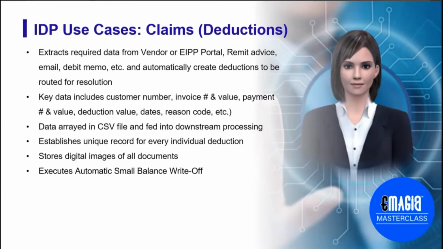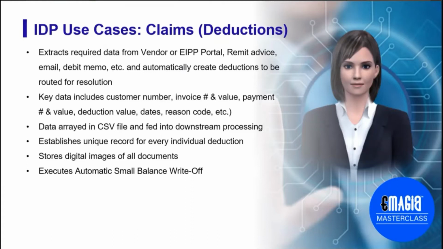A couple of the other features here: unique record for every deduction, stores the images, and in conjunction with a digital assistant at Emagia, the digital assistant is named Gia, whose picture is on the side of this page here, can execute the automatic small balance write-off.